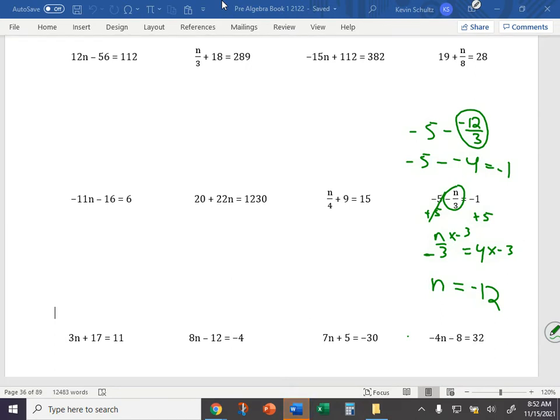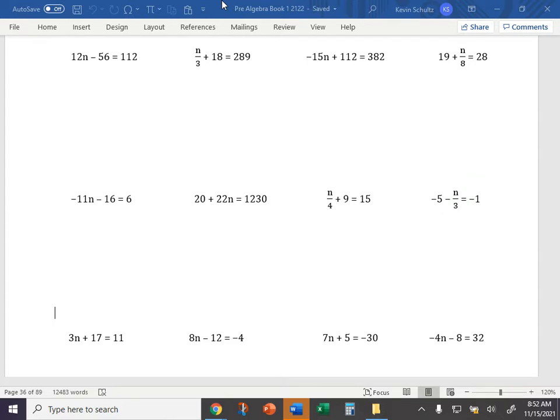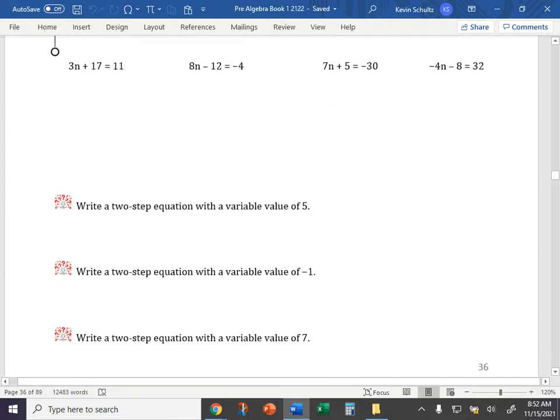Next one to do together, Camille. 12. The last one? Sure. -4n minus 8 equals 32. Okay. Again, start with that number that's detached from the variable. What are we doing first here? Someone new, someone we have not heard from yet today, perhaps.